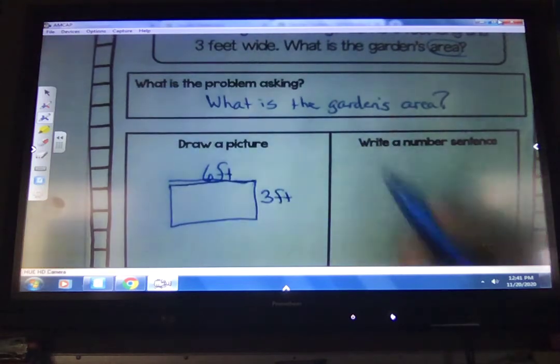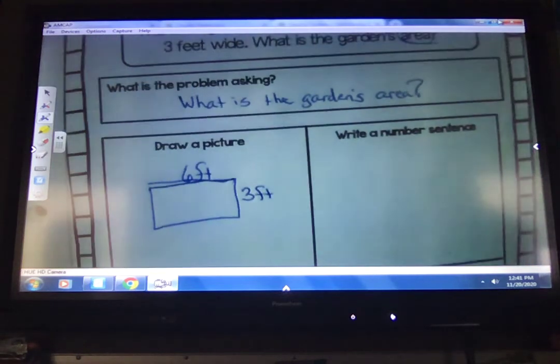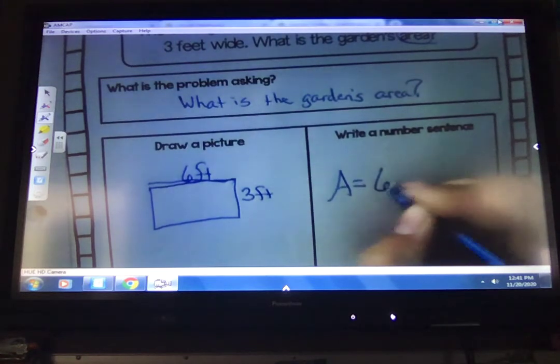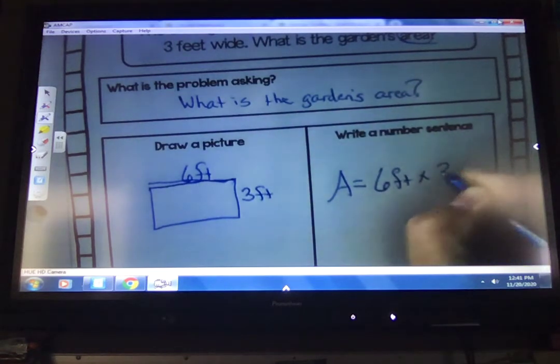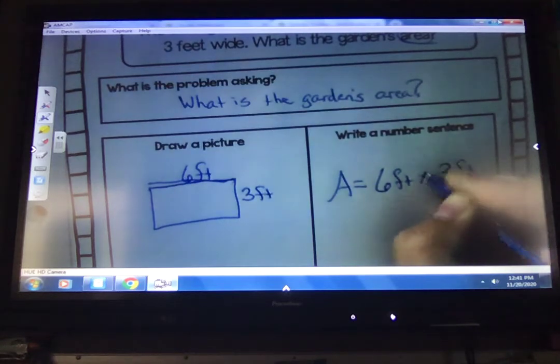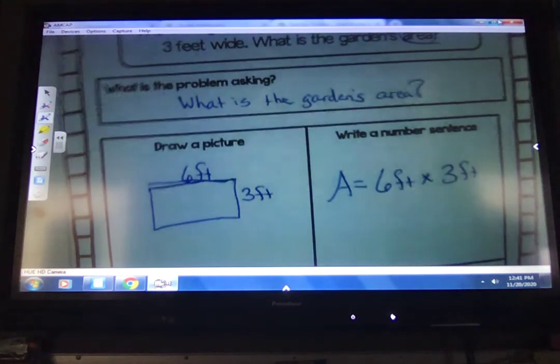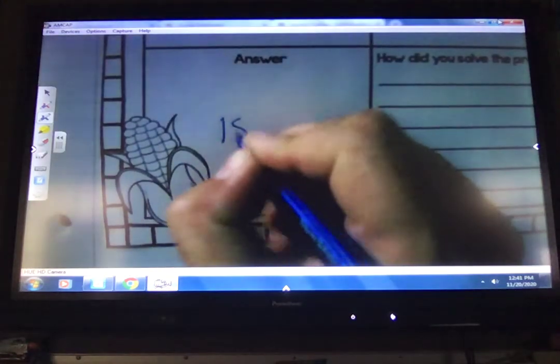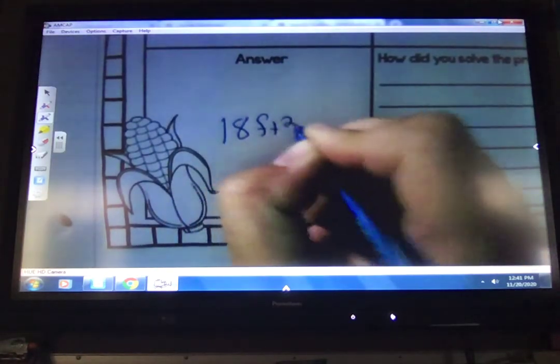Pretend. Now my number sentence, we're doing area. So area is going to equal length is 6 feet times width is 3 feet. There's my number sentence. My answer, what is 6 times 3? 6 times 3 is 18. So 18 square feet or feet square.